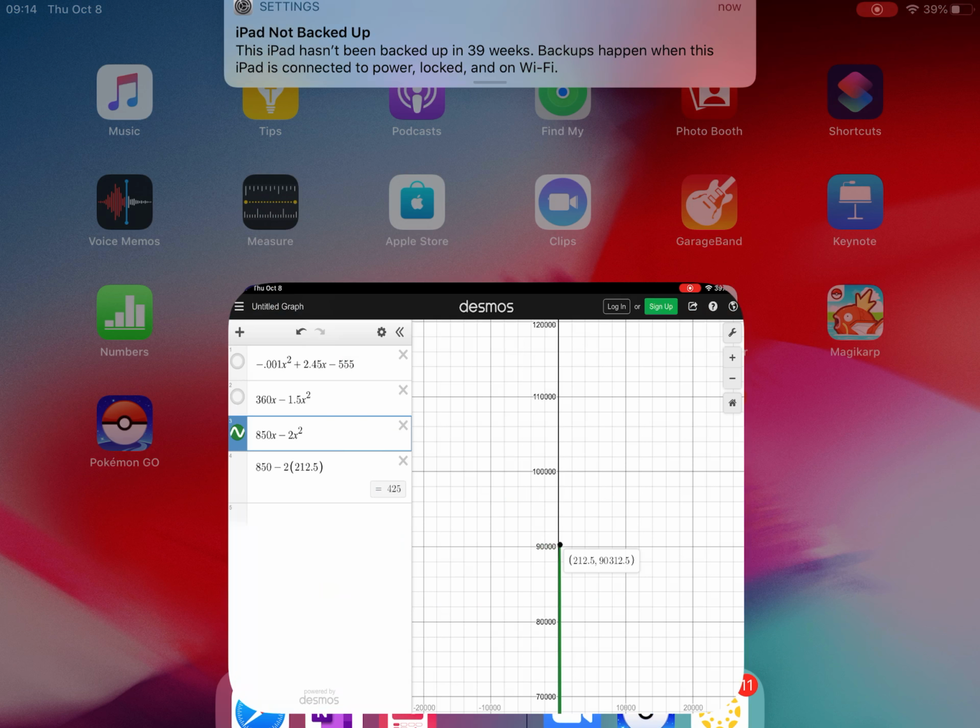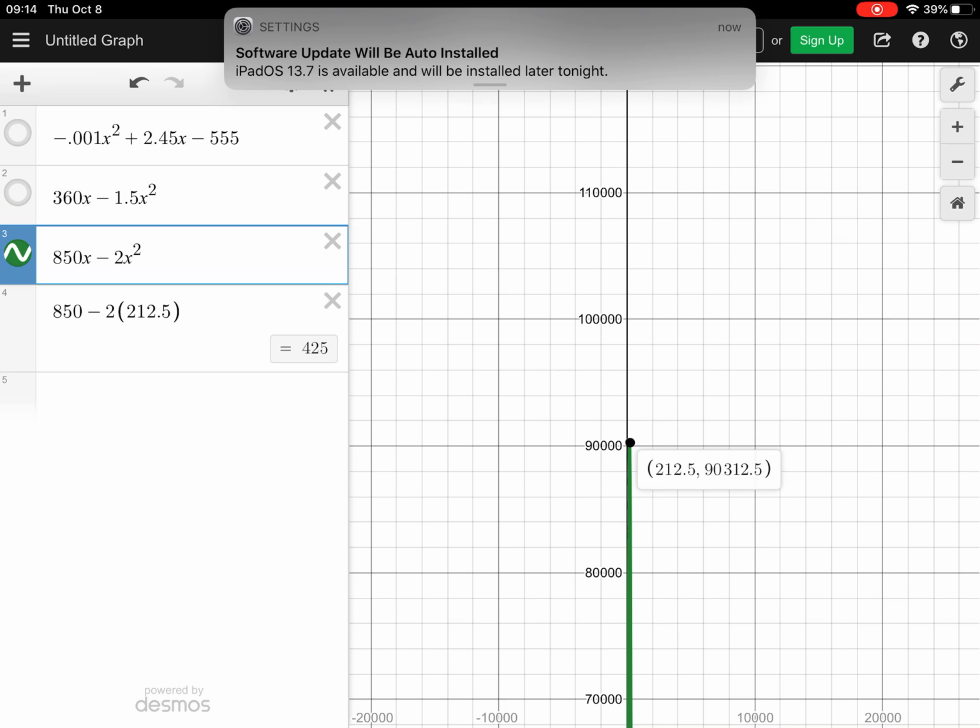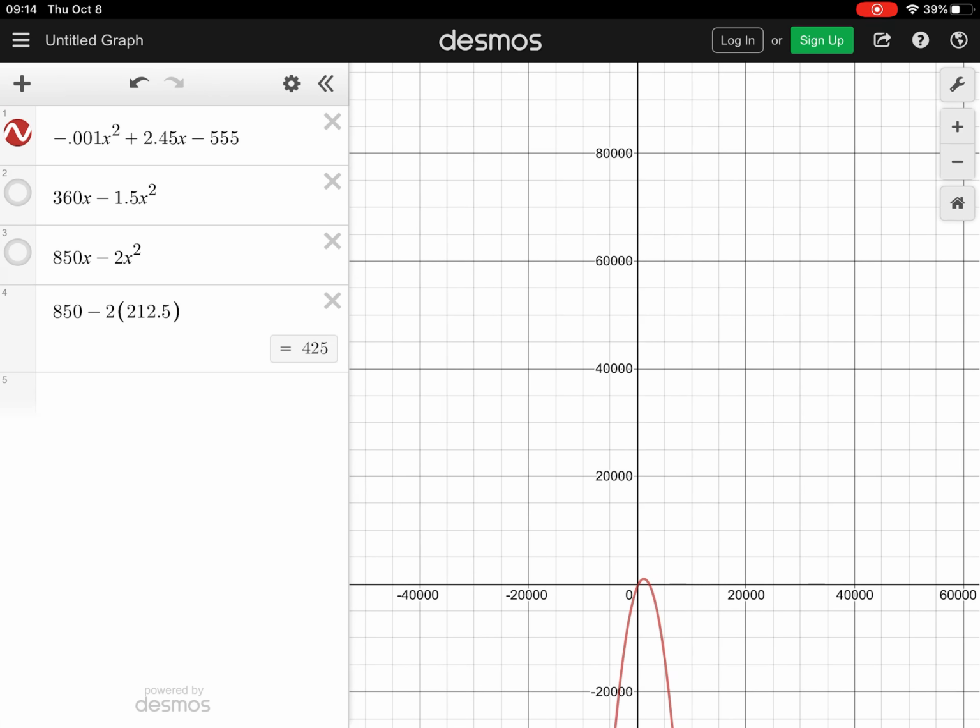You can always check your work by graphing. So I actually have that one here. I have that backwards. Good job. Go me. That's what I was afraid of. Part of the reason I wanted to check it.